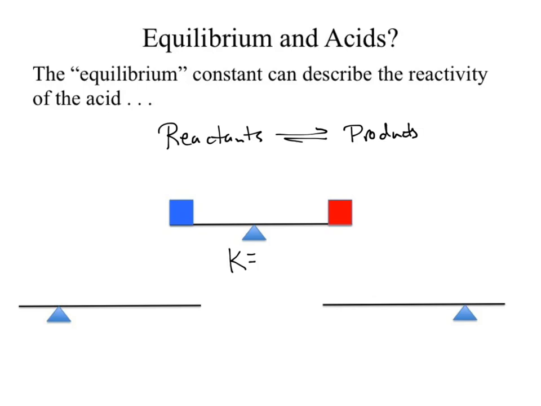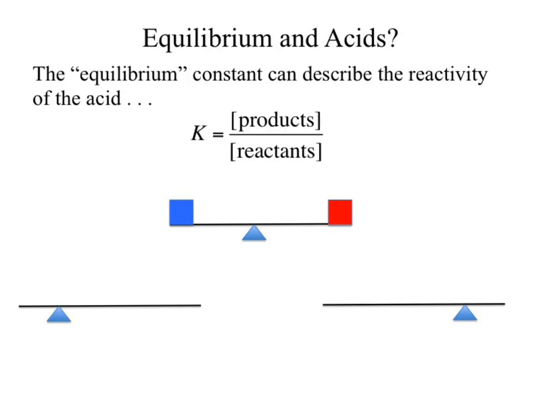It should be 1. Why should it be 1? 1 to 1. We're looking at the exact same box values. In theory, that triangle's in the dead middle. We've got the exact same product concentrations as we do reactant concentrations.